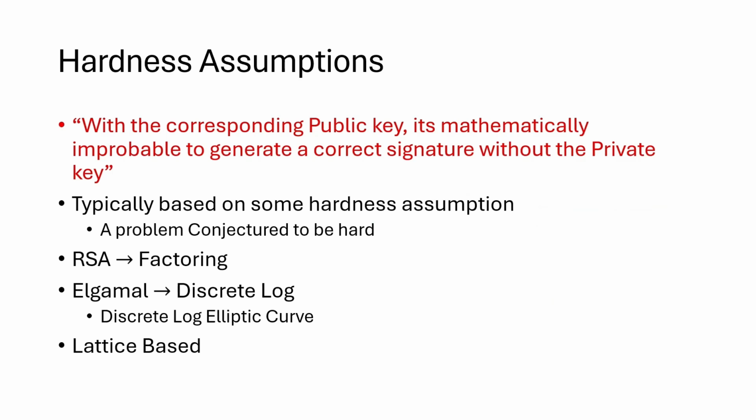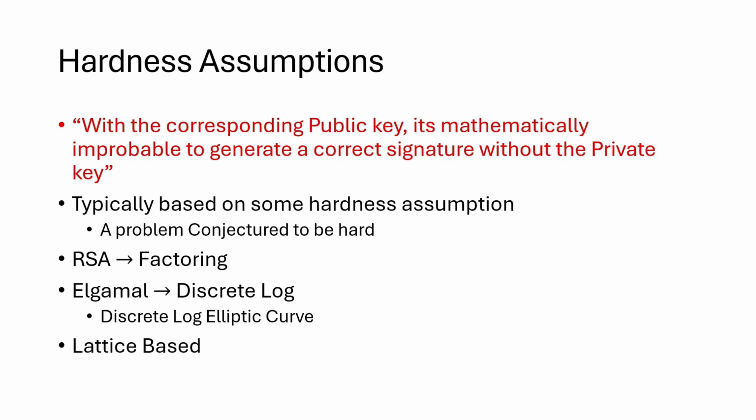These signature schemes usually are built upon some kind of hardness assumptions. For example, has anyone heard of RSA? If you take any basic security class in NUS, you'll probably go through RSA. They also go through something called ElGamal, which relies on discrete log hardness as compared to factoring hardness.